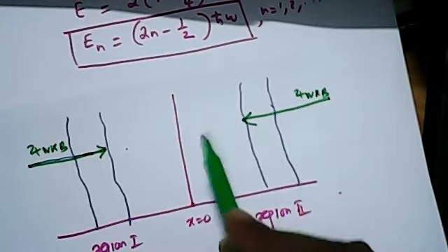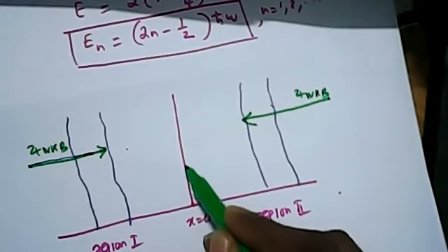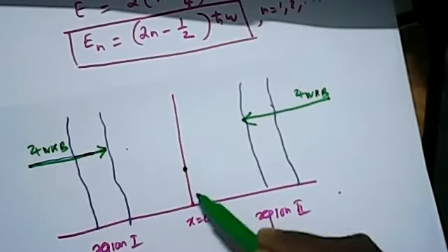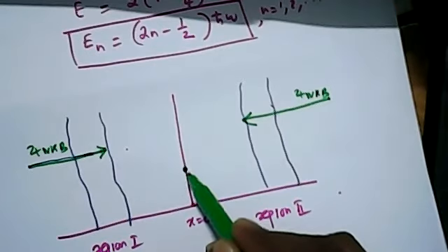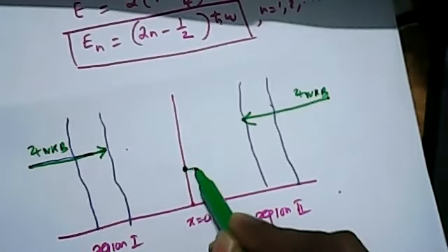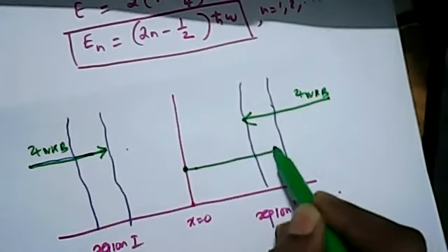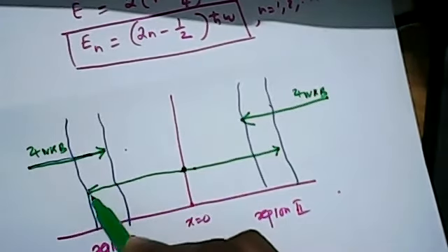Okay, now what we did is we solved the Schrodinger equation exactly at the turning point, and we got the solutions as Airy functions, and these Airy functions we extrapolated into region 1 and also to region 2.